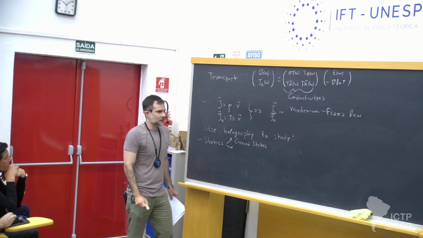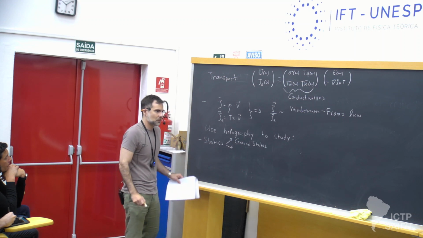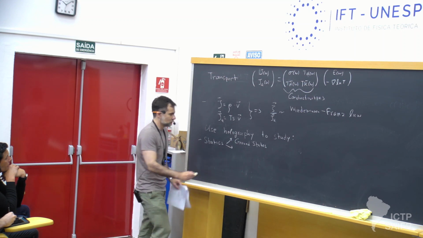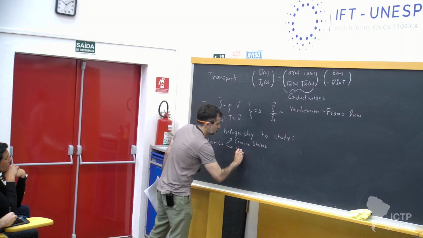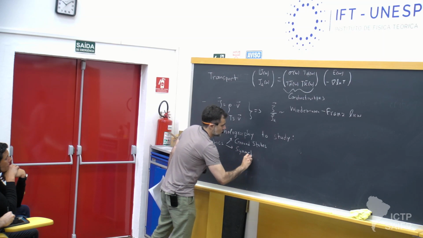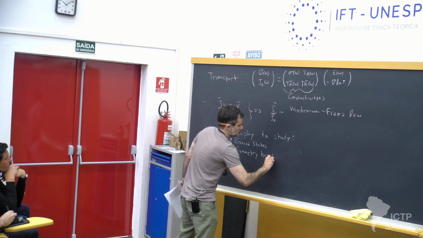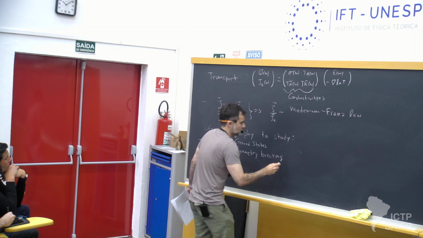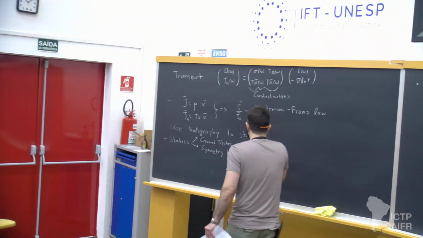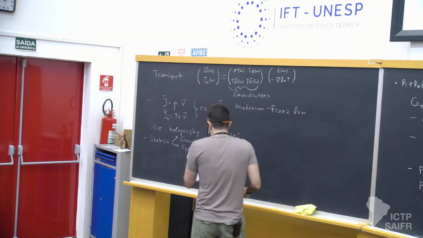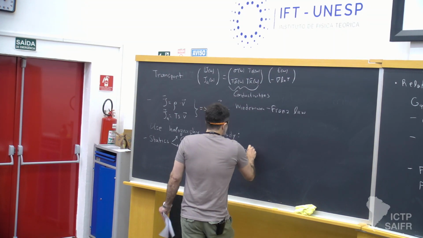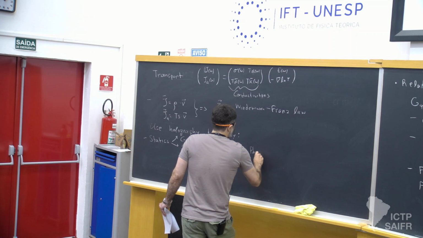Another thing that I didn't discuss too much here, but I hope to discuss in the lectures, is symmetry breaking. Okay, it's configurations in holographic theories which have to do both with phase transitions and spontaneous symmetry breaking.